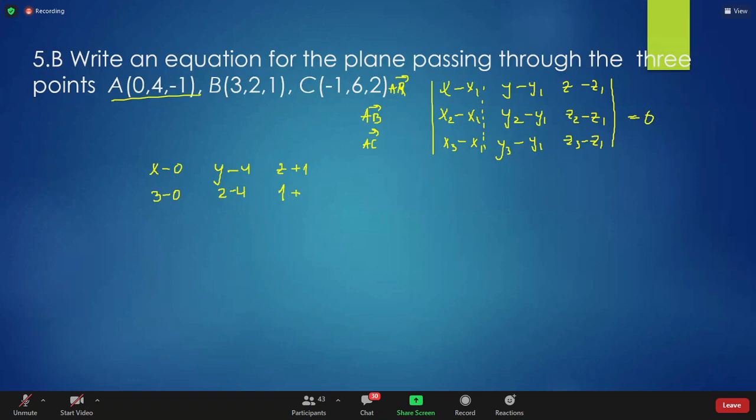And finally, from C coordinates, subtract A coordinates, not BC, but AC, I'm very sorry. Minus 1 minus 0, 6 minus 4, and 2 minus -1, which is plus 1.